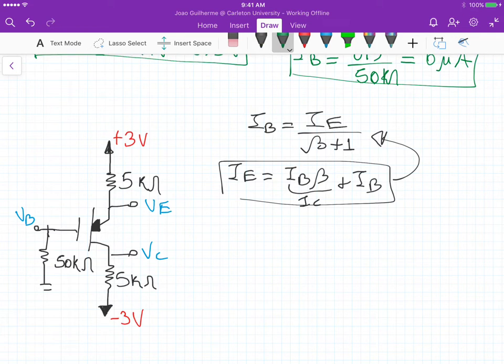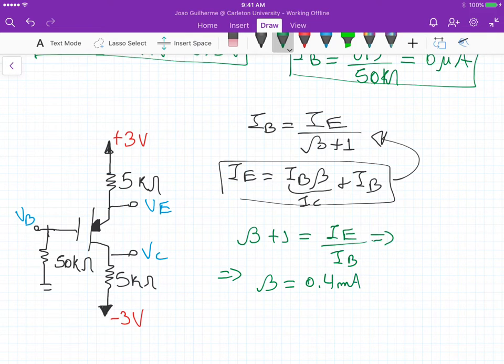If we rearrange this equation, we get this one here. Now we know IE and we know IB, so if we isolate beta plus 1, we get IE divided by IB, which implies that beta is equal to IE over IB minus 1. We know that IE is 0.4 milliamps and IB is 6 microamps, minus 1. This gives us a beta of 66.67.